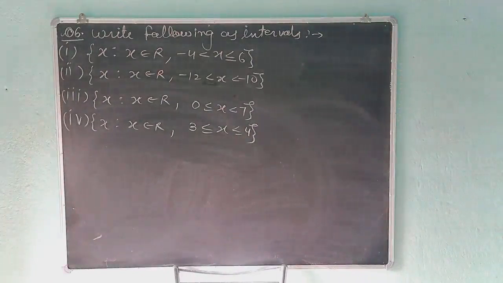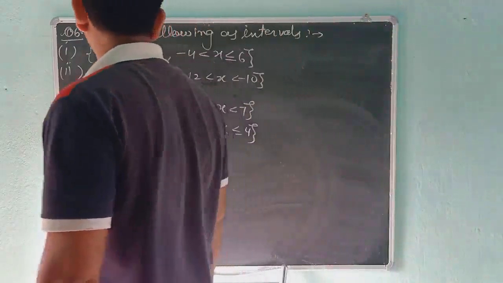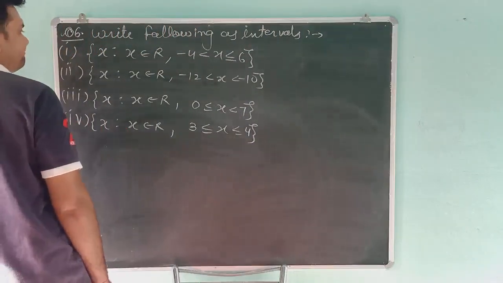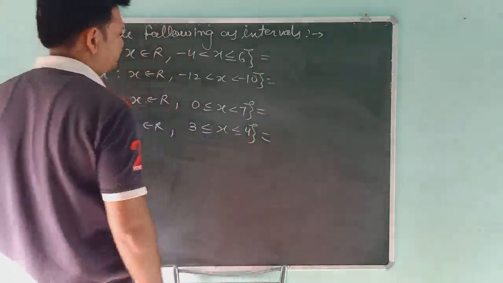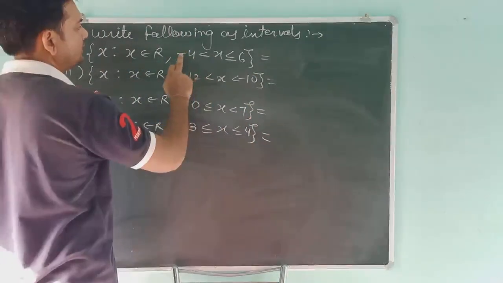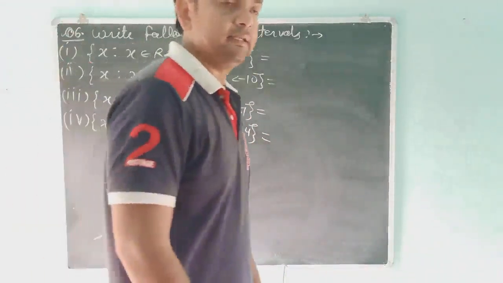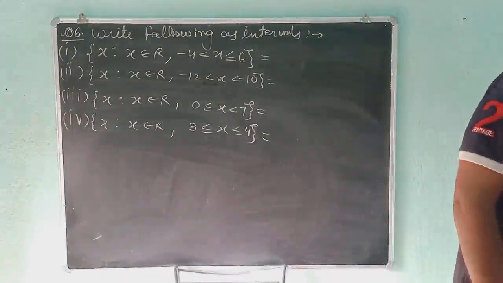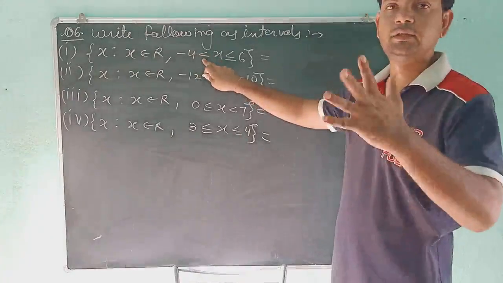Write the following as intervals. Students, in this question we will write all sets in the form of intervals. So students, first, here you can see that X is greater than -4, but only greater than, not equal.